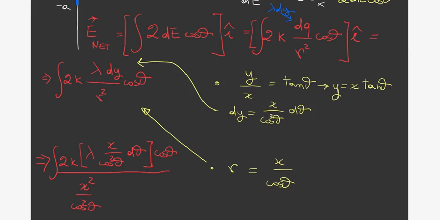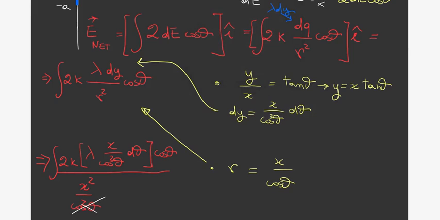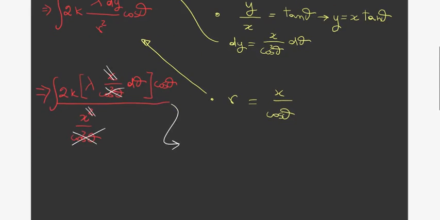And now let's simplify as much as possible. For example, I can cancel cosine squared and cosine squared, x and x squared, and I'm left with the integral of 2k times lambda times cosine theta d theta divided by x.